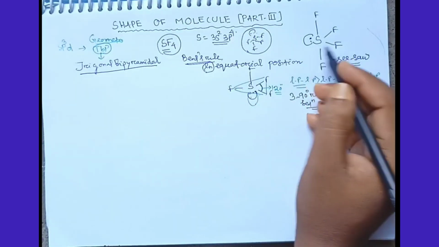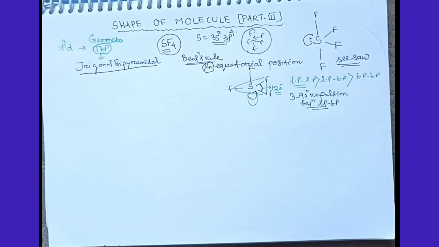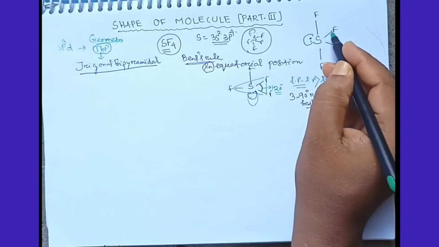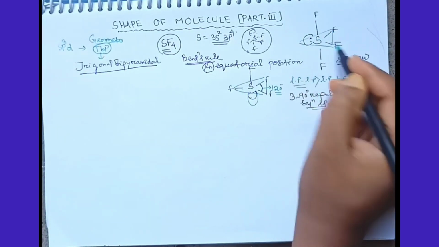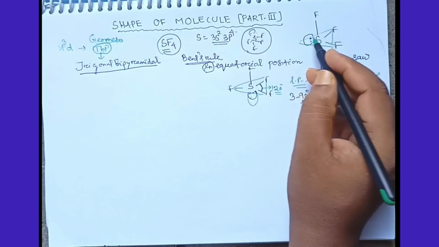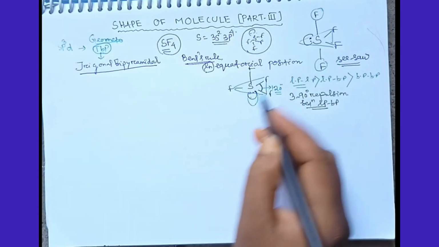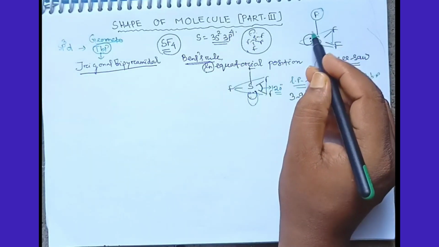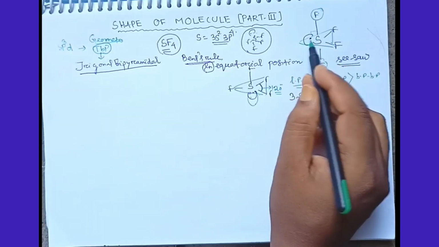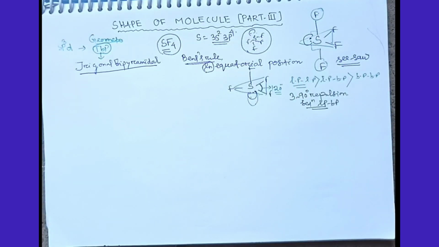But here if you draw the trigonal plane, you see this is the lone pair in the plane, with one fluorine atom in the axial position and the other in the axial position. So this fluorine makes a 90 degree angle with this lone pair and this fluorine makes a 90 degree angle with this lone pair.